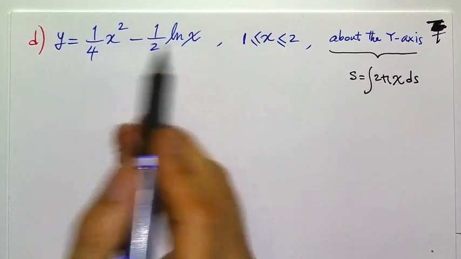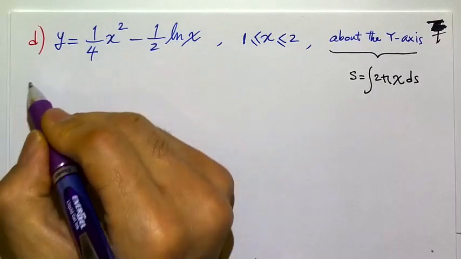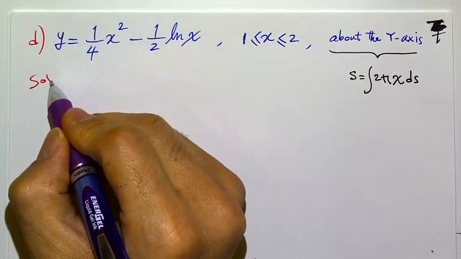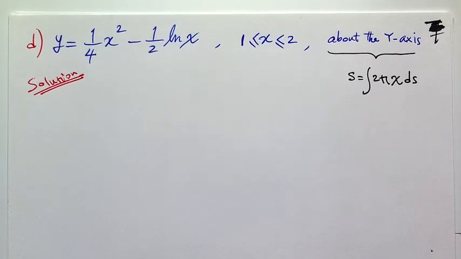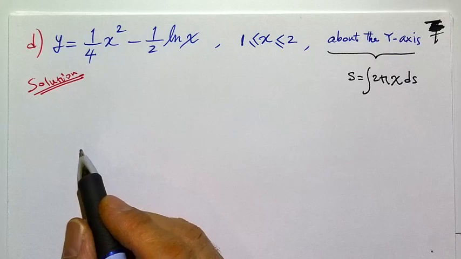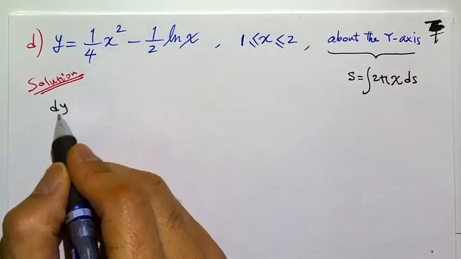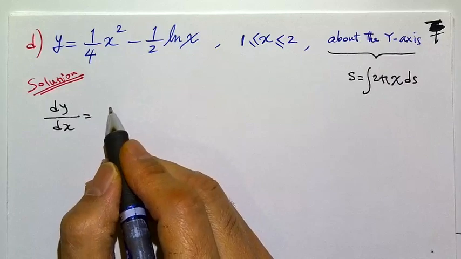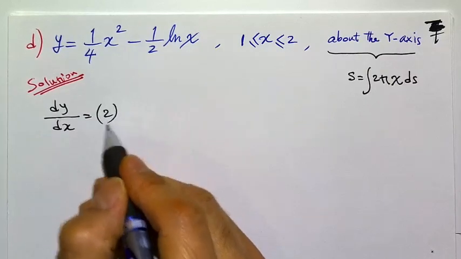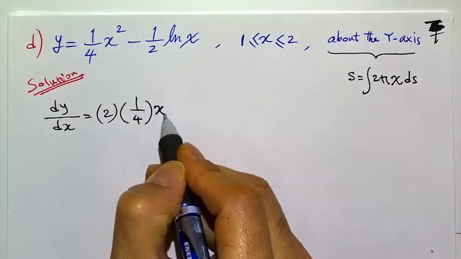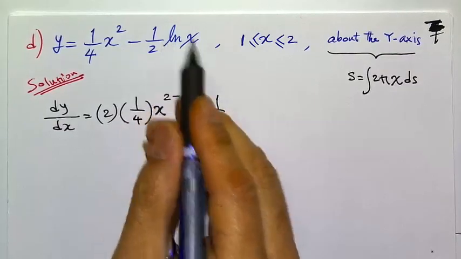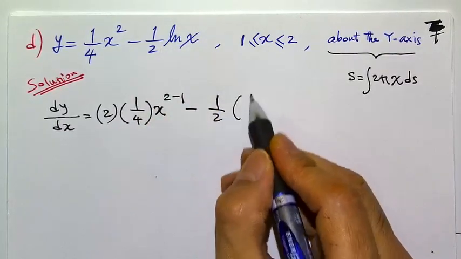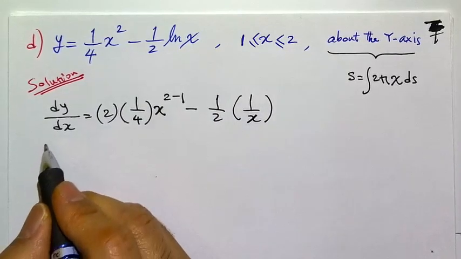And then, just like before, let's find the dy dx here. So, solution here. And I'm counting on you to pause the video at this point and come up with your own solution first before watching the rest of this. And so, okay, dy dx would be 2 times 1/4 x squared minus 1, minus 1 over 2 times the derivative of natural log of x, which is just 1 over x, right? Let's simplify this.